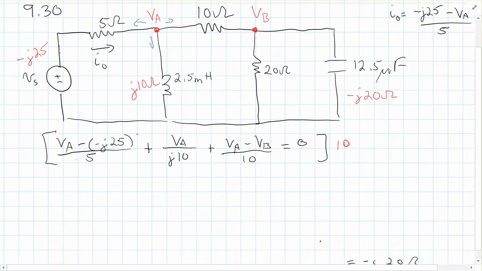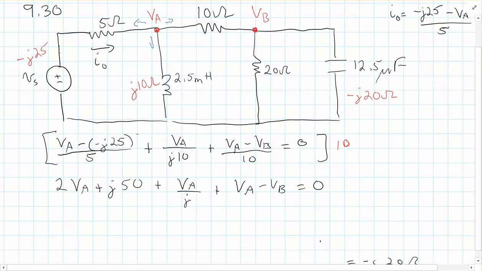So if I multiply through by 10, we would have 2 VA, and then I have a negative negative, so that would be plus J50 plus VA over J plus VA minus VB equals 0.